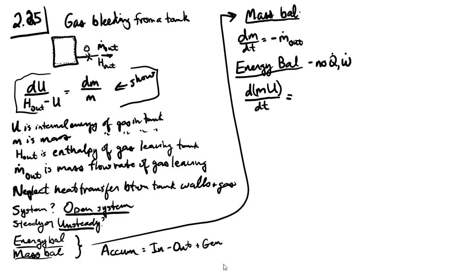Well, there's no W dot either, right? Because do we have any expansion or contraction of our tank? No, this is not like a balloon. This is a solid walled tank that's not going to expand and contract. Do we have any shaft work? No, there's no shaft work either. We're not pushing a turbine or anything like that. All we're doing is opening a valve and it's just flowing out. So there's no Q, there's no W.